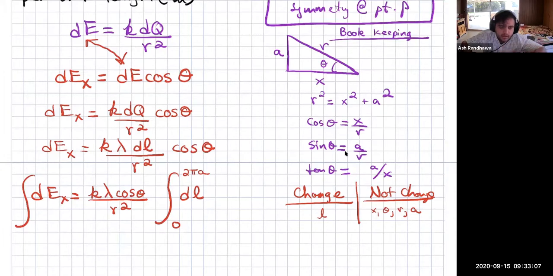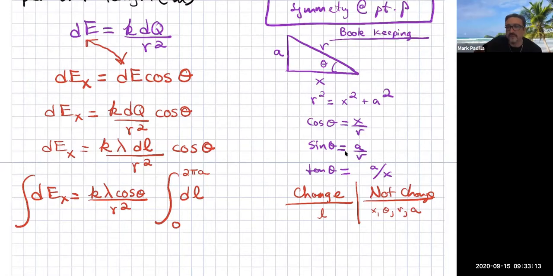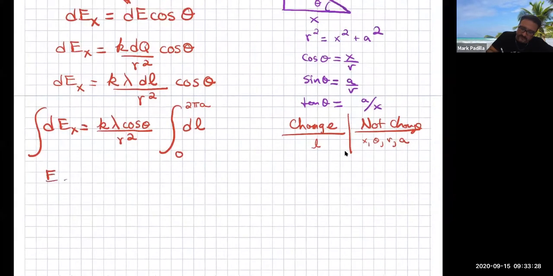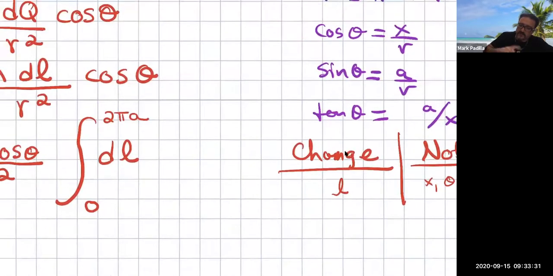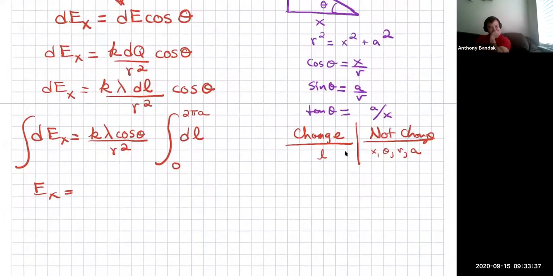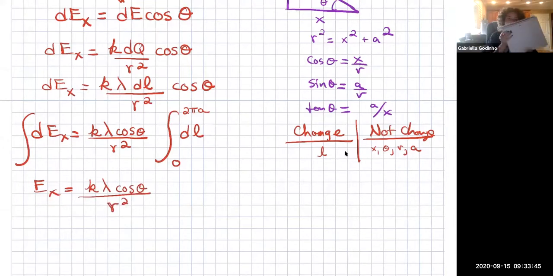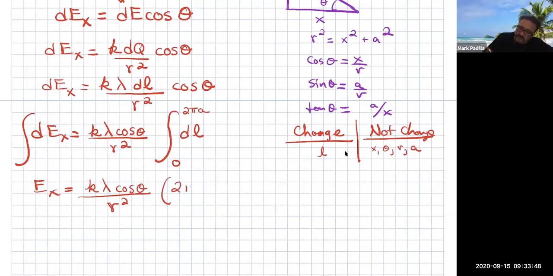It's the circumference. Yeah, you're integrating around to get basically the circumference. So you're adding all those little pieces around, all those little differential lengths. And what should all those differential lengths equal at the end of the day? The circumference. So we get k lambda cosine theta over r squared times 2 pi a.